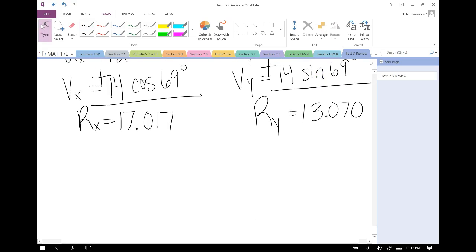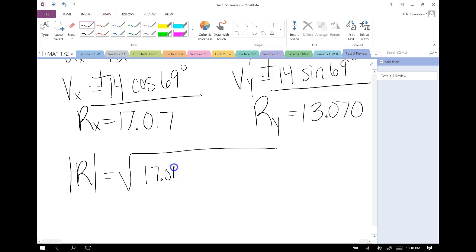So what we have now are the legs of the triangle. We want the hypotenuse and the angle. We want to turn this back into a magnitude and direction. We've got like an x coordinate and a y coordinate. So now to go back to a magnitude and a direction, or a magnitude and an angle, the magnitude, that's your Pythagorean theorem.